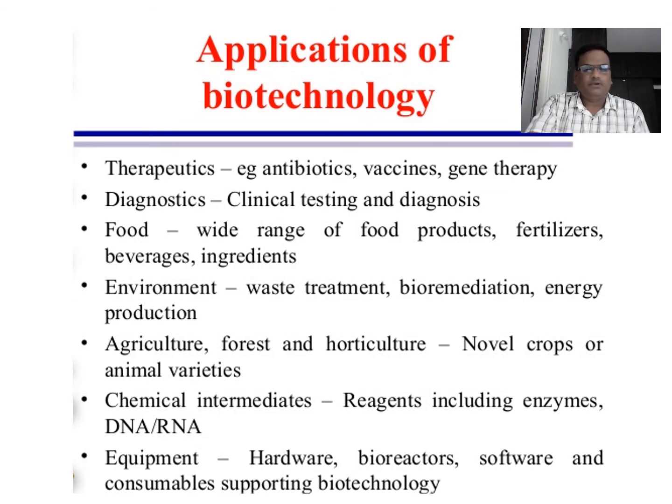And chemical intermediates. So in the preparation of chemical intermediates also it is used. And since the techniques need some hardwares, so the development of equipments and hardware related to the biotechnology can also be considered as one of the applications of biotechnology.